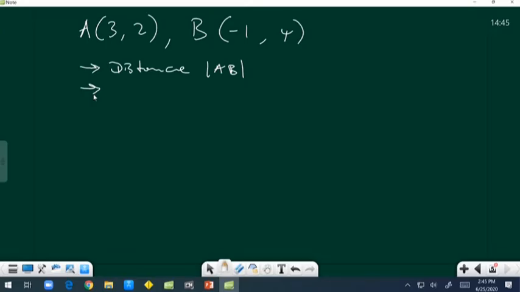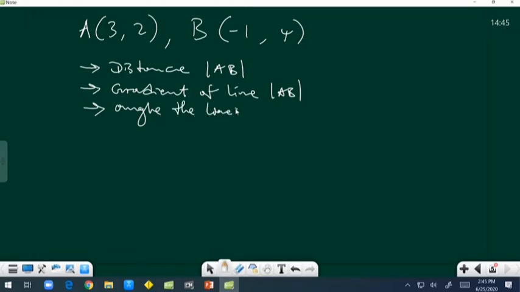The second one is the gradient of line AB. And the third one is the angle the line makes with the positive x-axis. Okay?